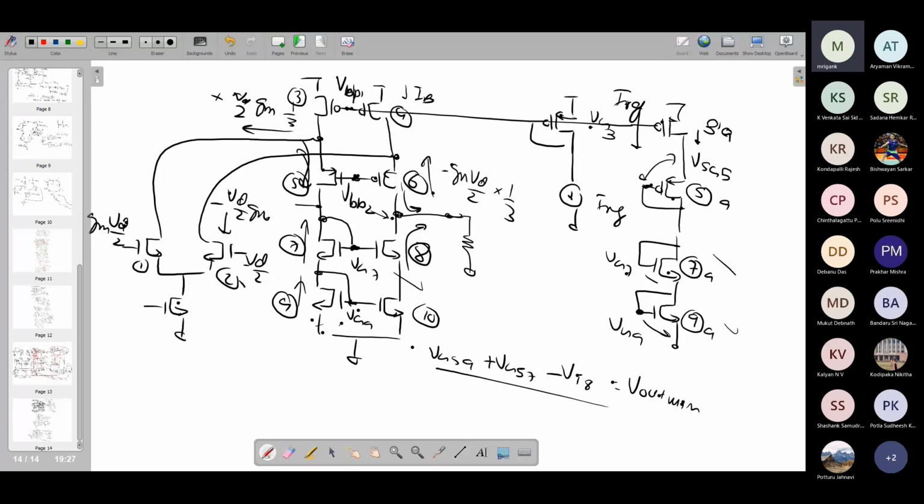Based on that, we will have a discussion tomorrow, so that for whatever fully differential topology you have, whether it is folded cascode, current source load, or a two-stage fully differential amplifier, the biasing becomes clear. The strategy is the same. Once you understand the video lecture that I have given you, you will be able to apply it for biasing the fully differential version of this folded cascode amplifier. Is that clear?